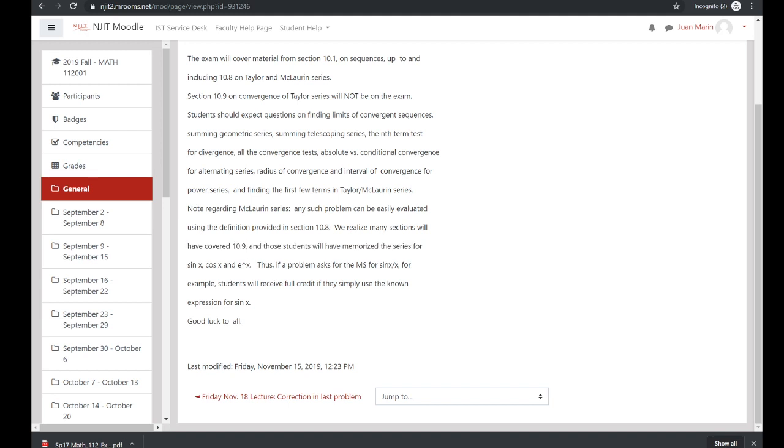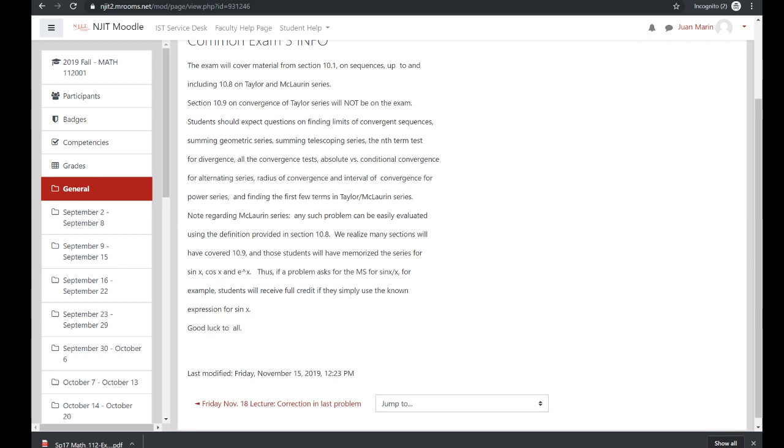Also, our professors have gone a little bit ahead in the textbook. So we did chapter 10.9, and it allowed us to memorize some of the important series that we have to know. They're expecting us to have memorized the main Maclaurin series, like sine of x, e to the x, cosine x, and so on. That's important to know.